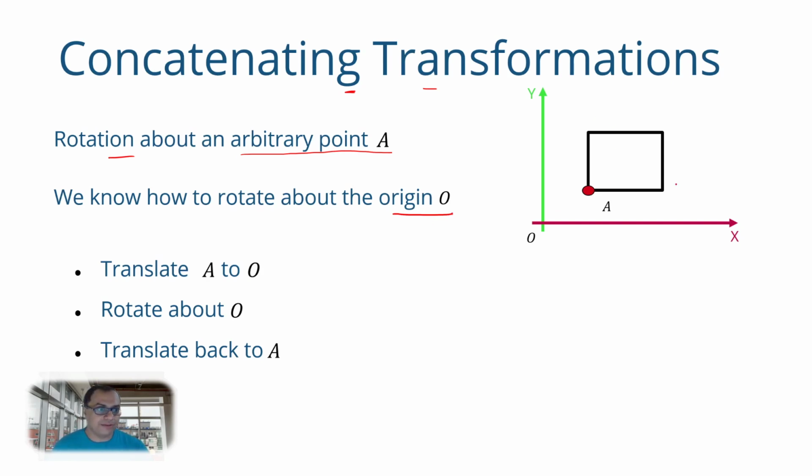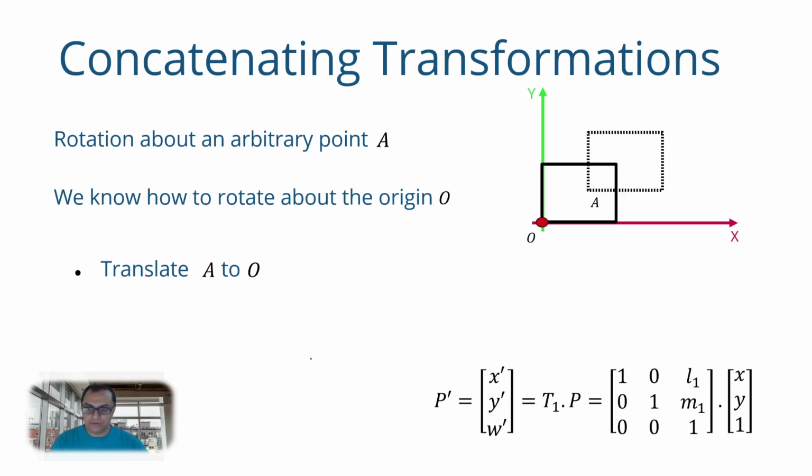Let us say I have this shape which is a rectangle, and the pivot I want is a corner of this rectangle, given by A. How do I apply a rotation about this? Well, the only rotation I know how to apply is a rotation about the origin. So I first translate from A to O, and I apply that translation to the entire shape so that A comes to O. Then I rotate about O, and then I translate back to A.